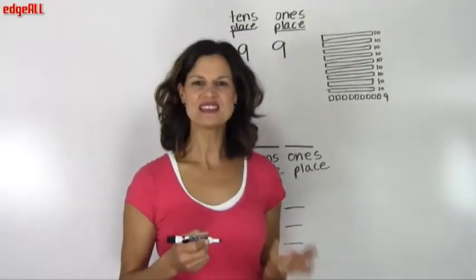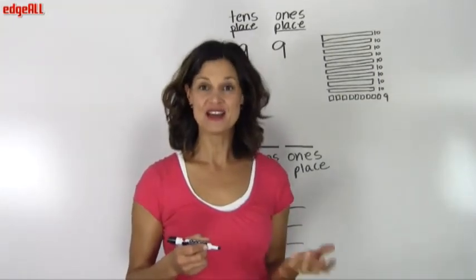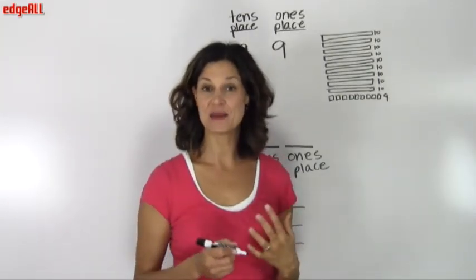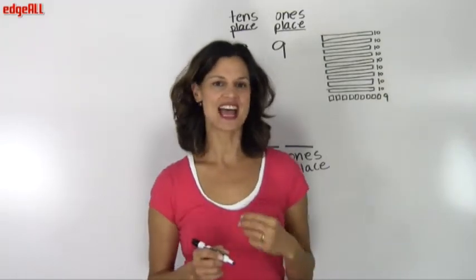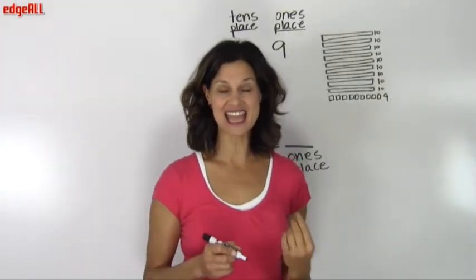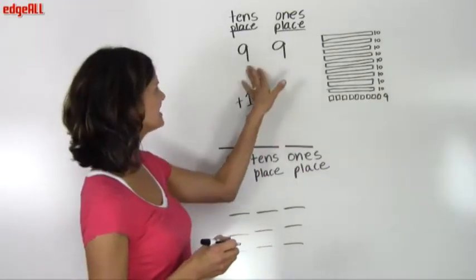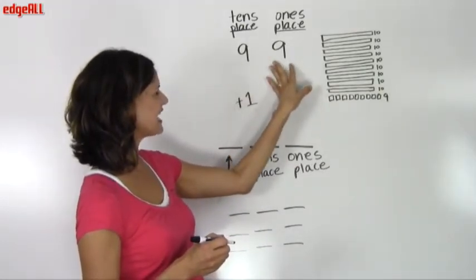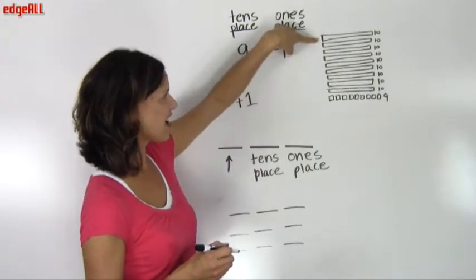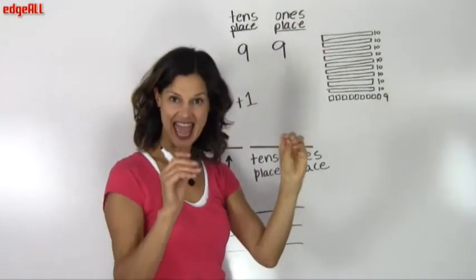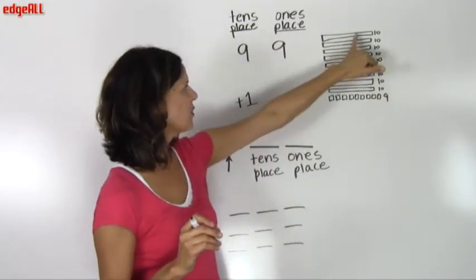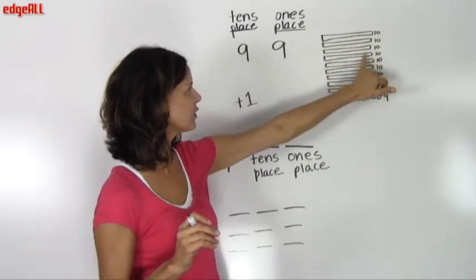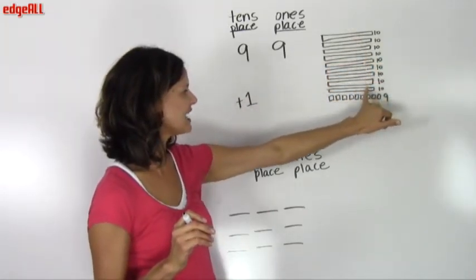We continue this pattern, and eventually, finally, we will come to the number 99, which has 9 groups of 10s and 9 ones. So we now have a 9 in the tens place, 9 in the ones place, and we have 9 bars of 10, or groups of 10: 10, 20, 30, 40, 50, 60, 70, 80, and 90.